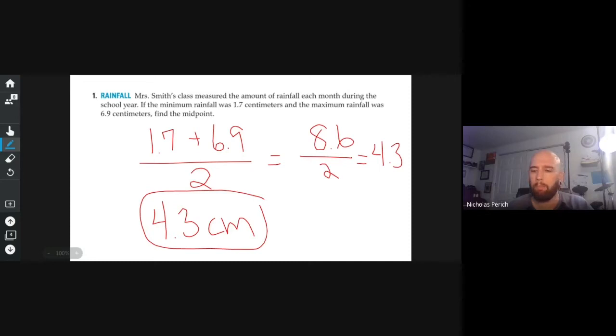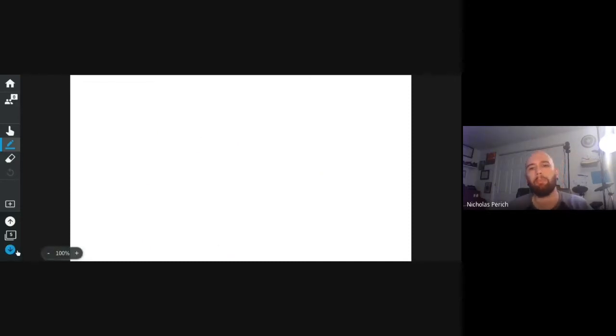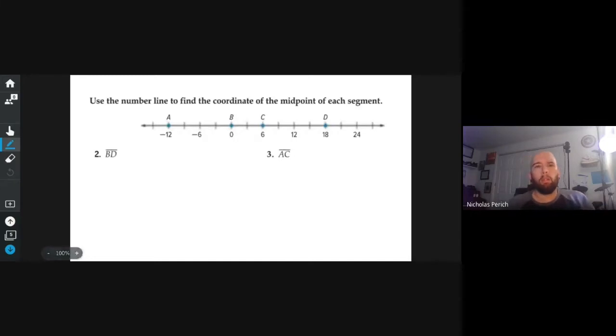Where's my... Here. There you are. Use the number line to find the coordinate of the midpoint of each segment. Okay, so BD, every letter here is represented by a number. To find the coordinate of the midpoint, what is B's value?